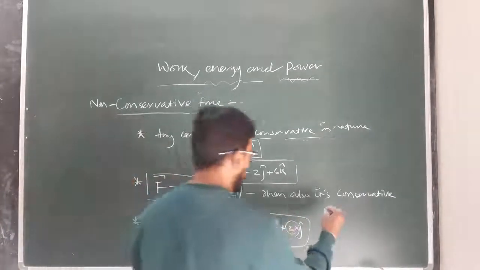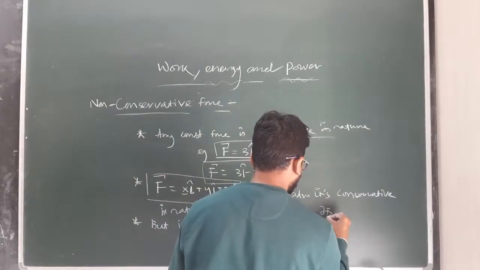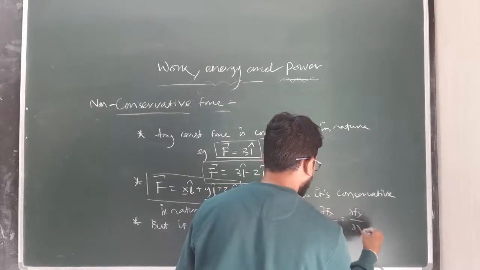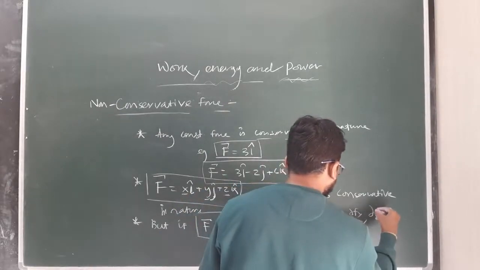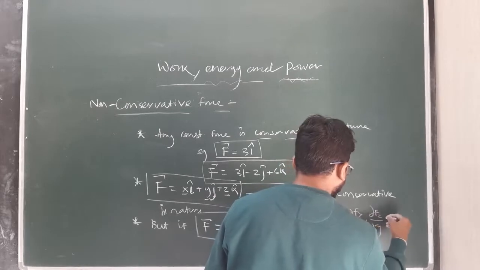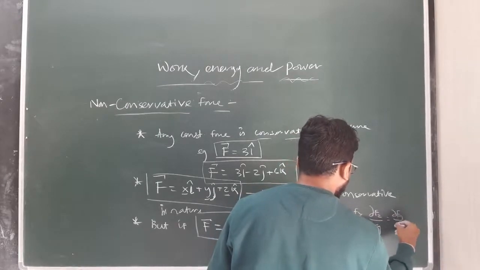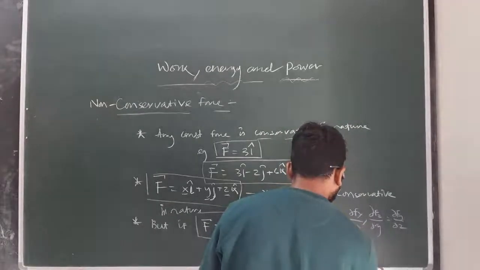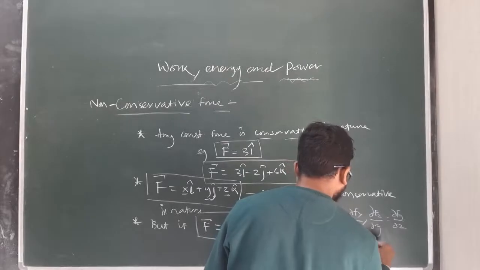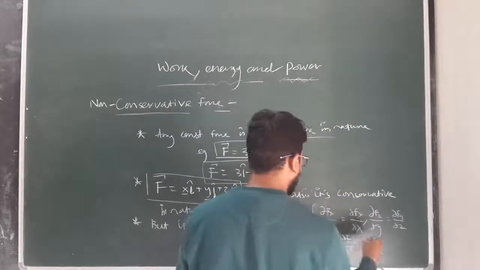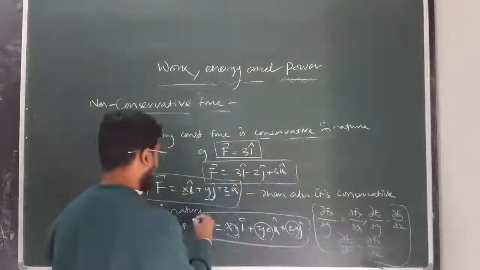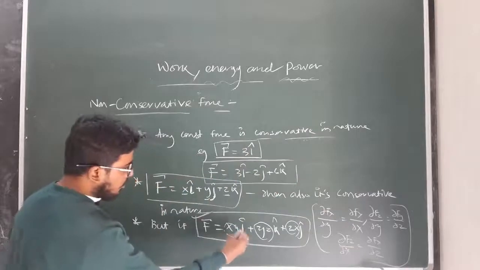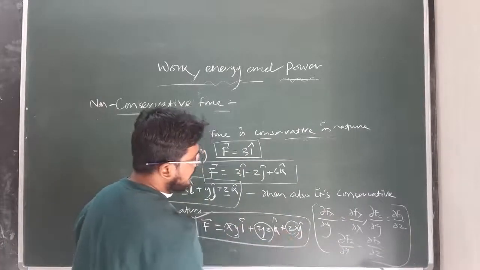In this case you have to check that del F_x by del y must be equal to del F_y by del x, and del F_z by del y must be equal to del F_y by del z, and del F_z by del x must be equal to del F_x by del z. If these three conditions are satisfied, then the force will be conservative, where F_x, F_y and F_z are the components of i cap, j cap and k cap.